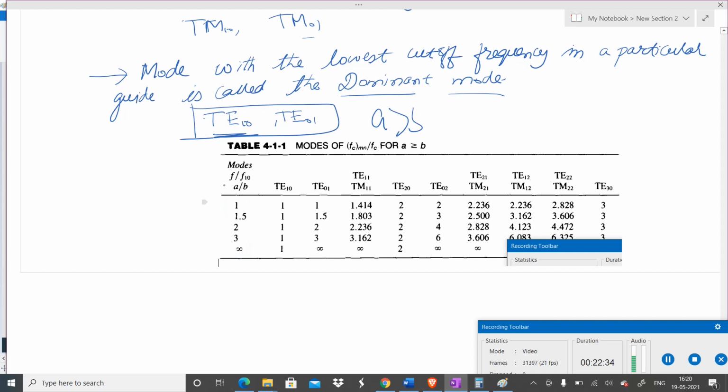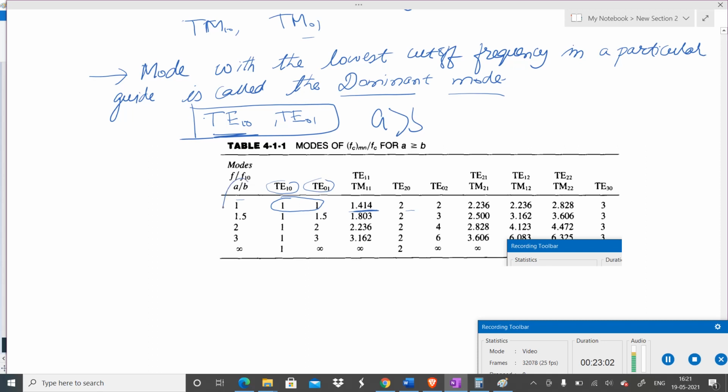If a by b is 1, then you can see that TE10 and TE01 are both dominant modes. Their ratio of cutoff frequency is 1, and for TE11 as well as TM11, the ratio is more, and it is increasing. So in case of a by b equal to 1, TE10 and TE01 are dominant modes.